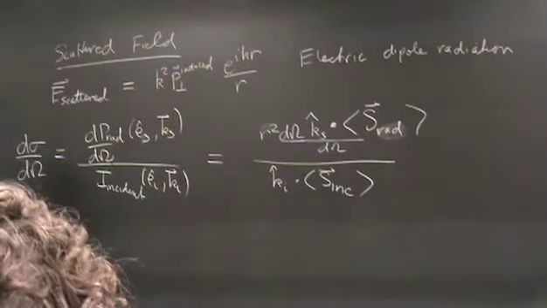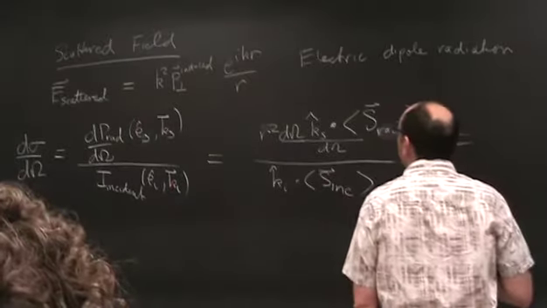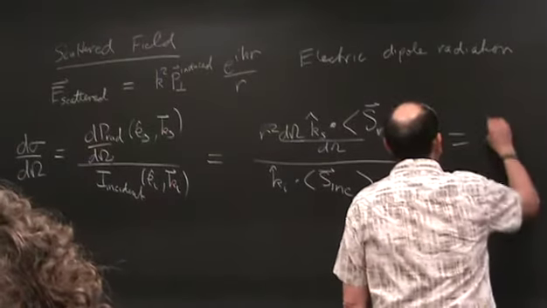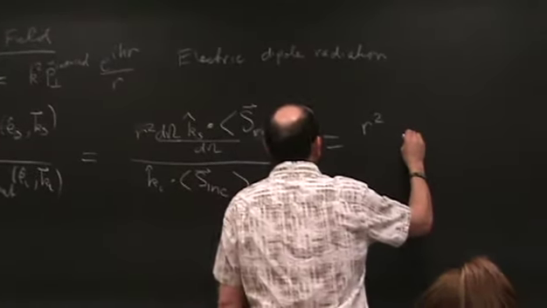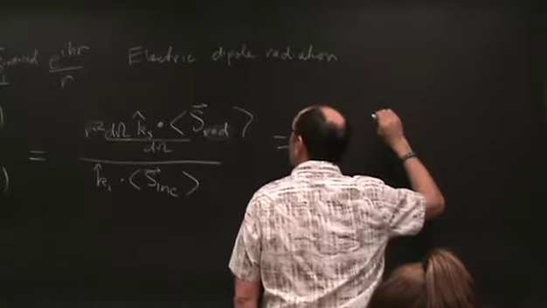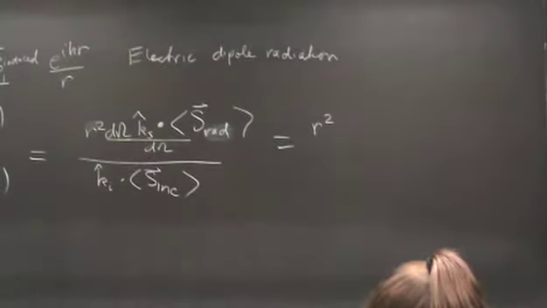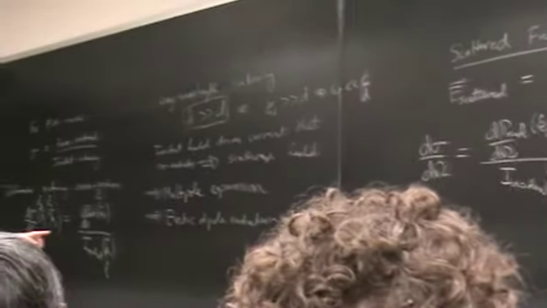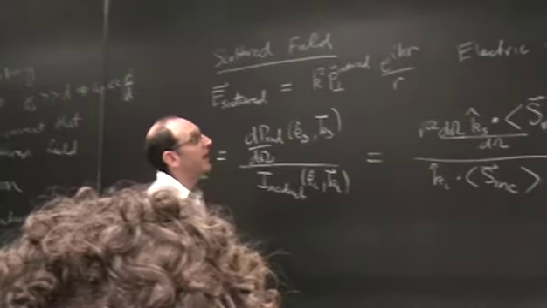Are we clear on that? So this then is equal to r squared. The Poynting vector is being radiated into the direction of k.